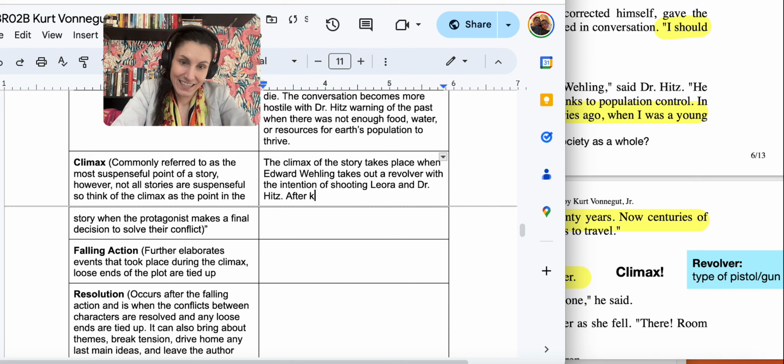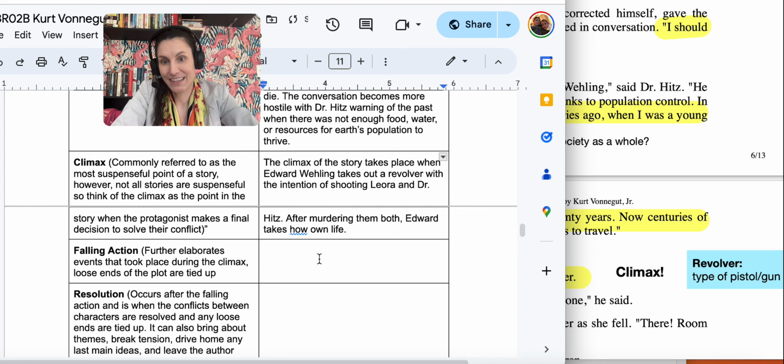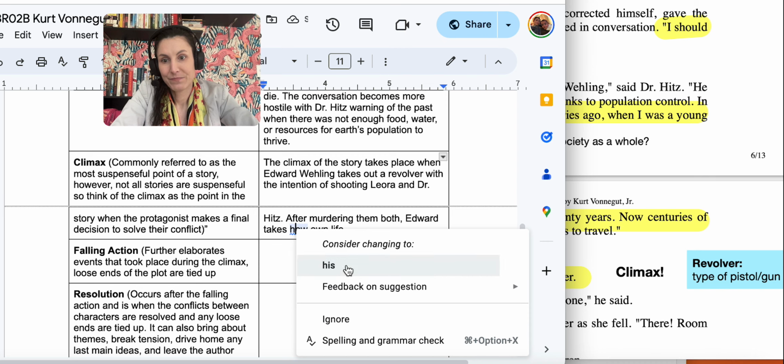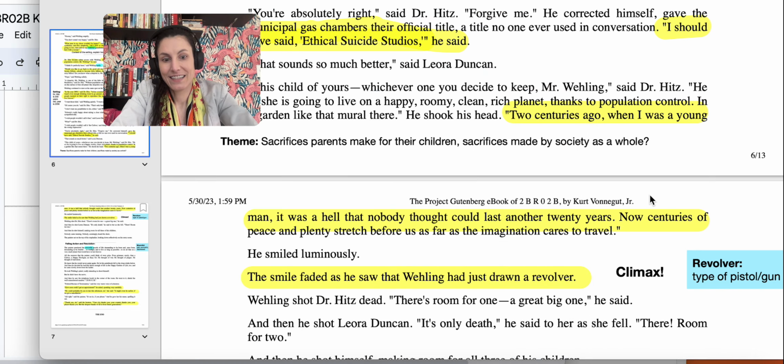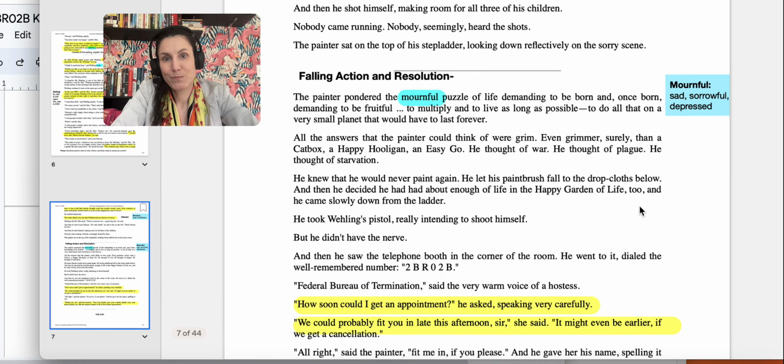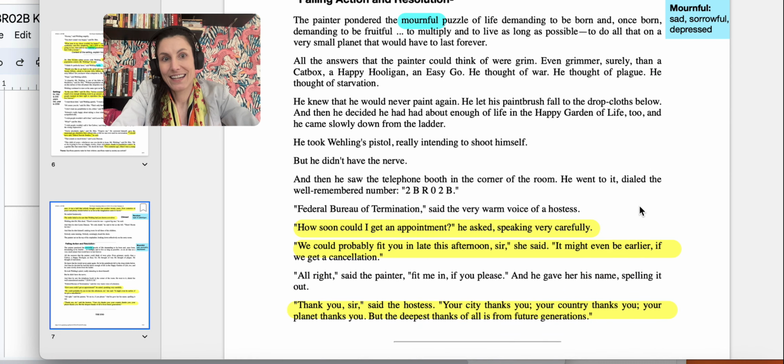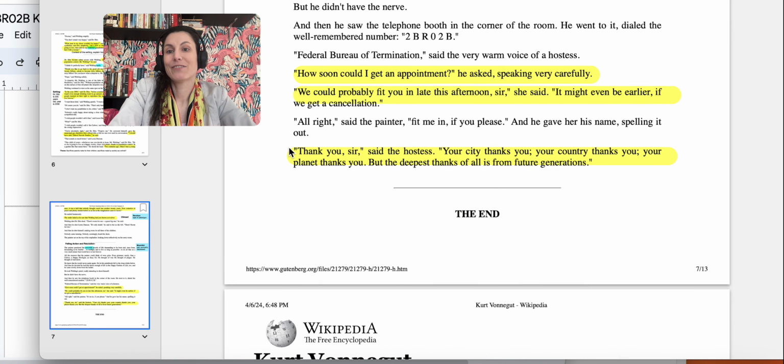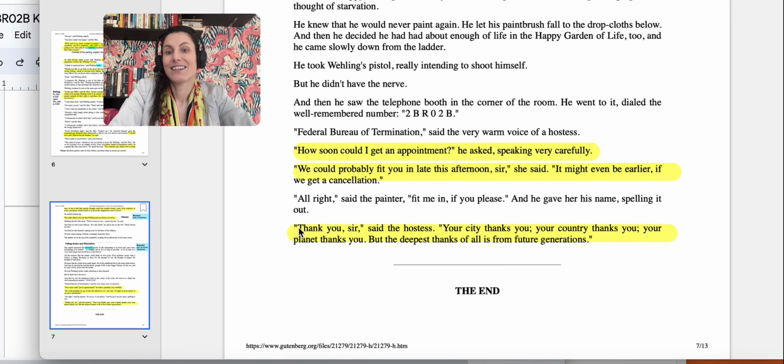After murdering them both, Edward takes his own life. That's your climax. Now, the falling action is going to be the painter seeing the sight, pondering mournfully, and the resolution is his appointment with the gas chamber hostess.